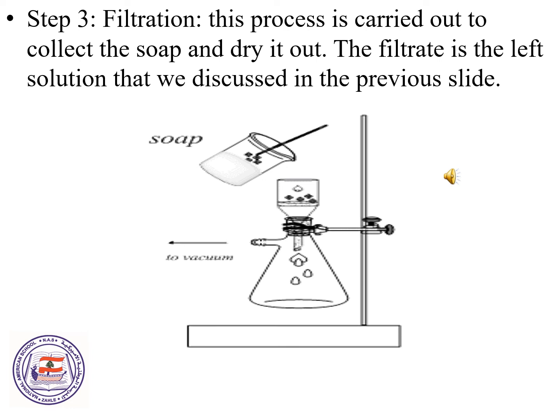The vacuum filtration is the process by which we can speed up the filtration process so that the flocculated or solidified soap can be collected on the filter paper, and of course the left behind solution, which is the filtrate, will simply be collected in the Erlenmeyer flask. This, ladies and gentlemen, concludes the saponification unit.